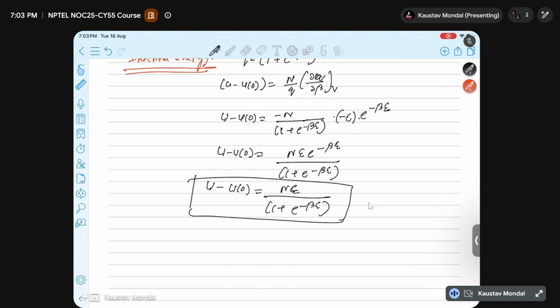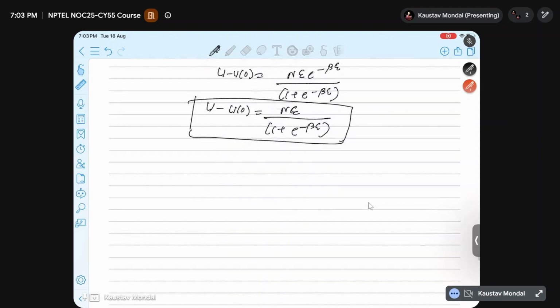Now our next job is to plot it out for different cases. If T tends to 0 from the positive side, in that case beta tends to infinity, so Ne becomes 1 plus e to the power minus infinity, so 1 by infinity would be 0.